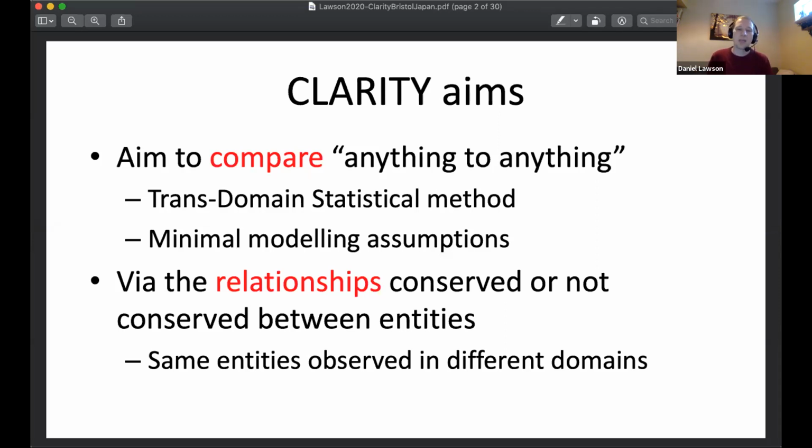So the entities must be observed in two different domains. By domain, I might mean area of science, a thing that you can quantify, but I might just mean two observations of the same set of entities within one scientific domain as well. So hopefully that will become clear later on.